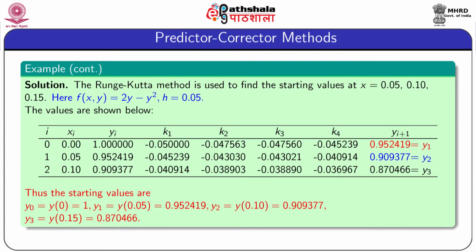Thus y0 equals 1, y1 equals 0.952419, y2 equals 0.909377 and y3 equals 0.870466. So these are the four starting values for the predictor formula.